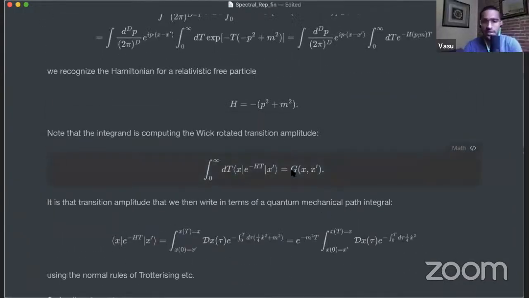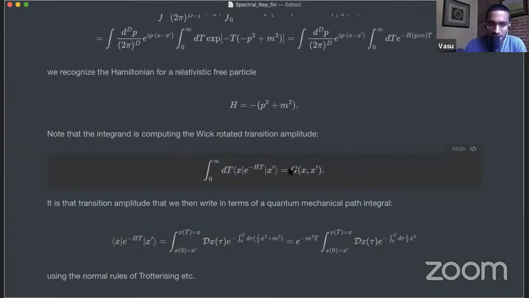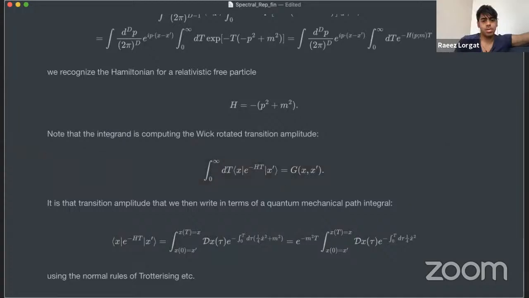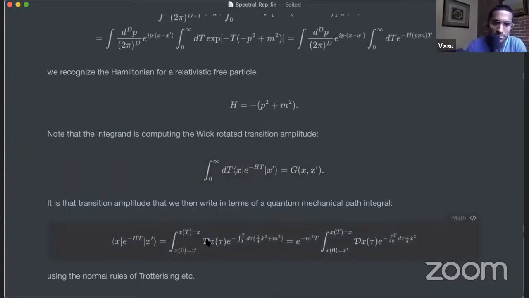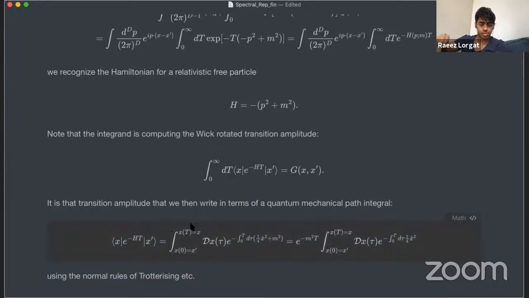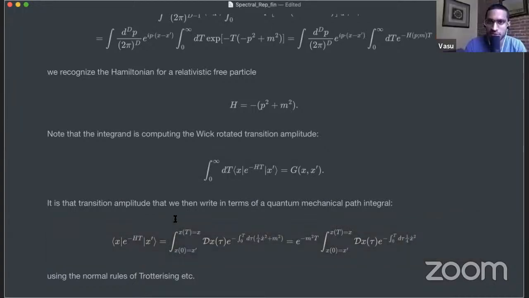So in summary, the free field propagator comes from doing the worldline path integral, the path integral with the geodesic action for a relativistic particle on flat space, and integrating over all possible proper lengths of the geodesic.